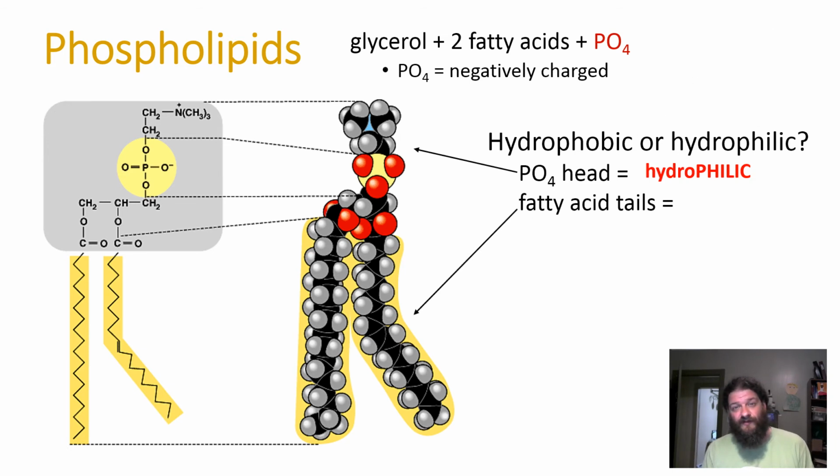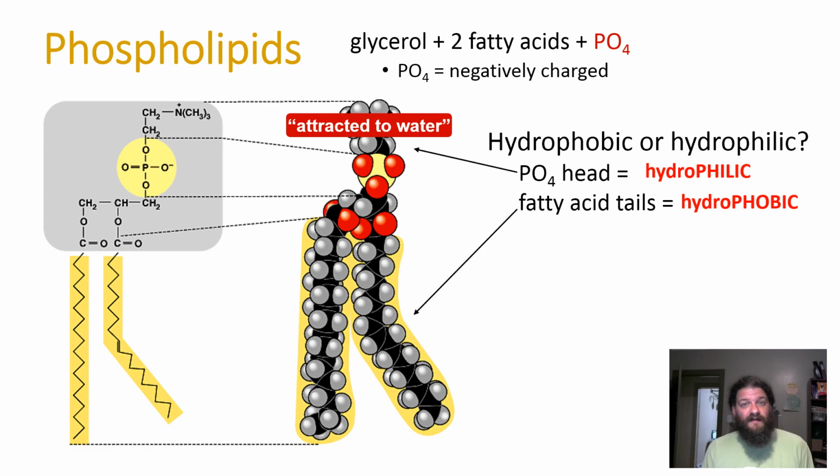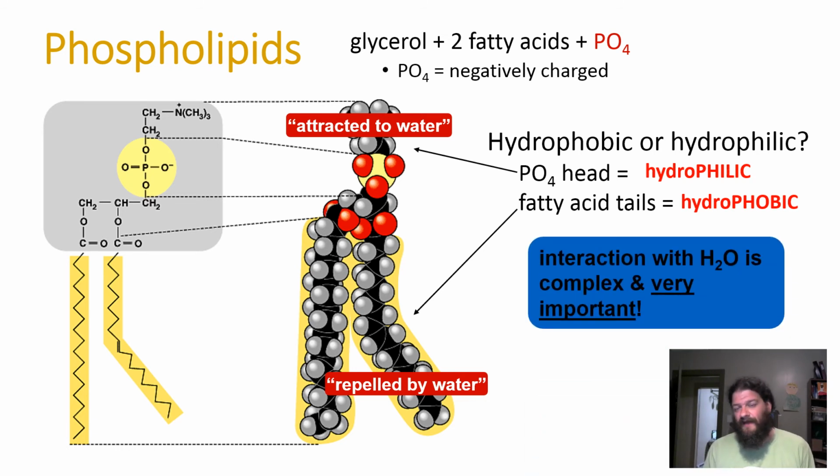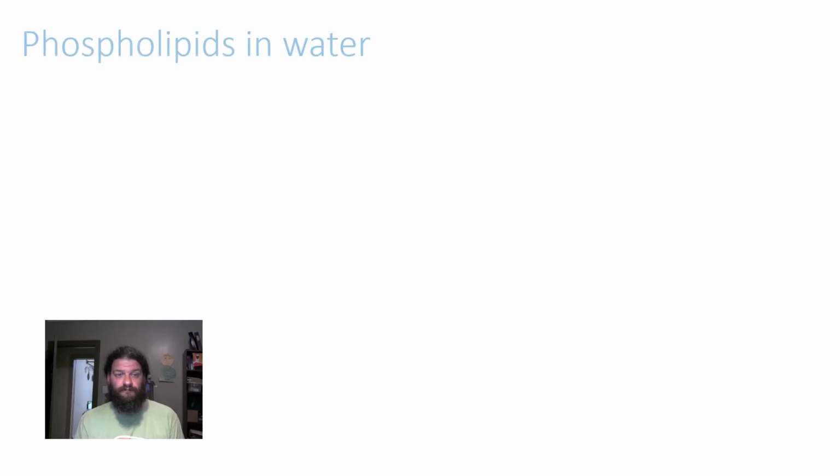And the tails, with all those nonpolar carbon-hydrogen bonds and carbon-carbon bonds, are very hydrophobic. That means that the tops of the molecules mix well with water and the tails of the molecules do not mix well with water. And this nature is going to be real important when we start talking about the structure of living things and cell membranes.